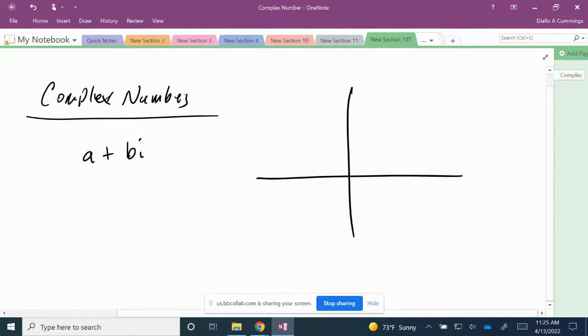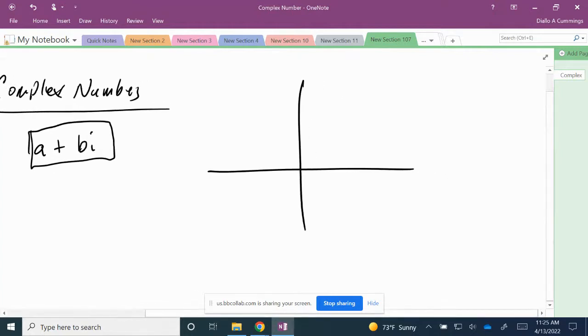In complex numbers, we have a real number, and then we also have this imaginary unit i. So if you were asked to plot a complex number, the x-axis would be your real axis, and the y-axis would be your imaginary axis.